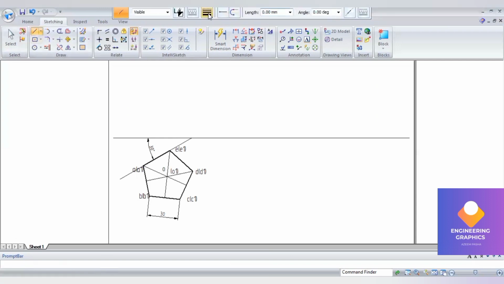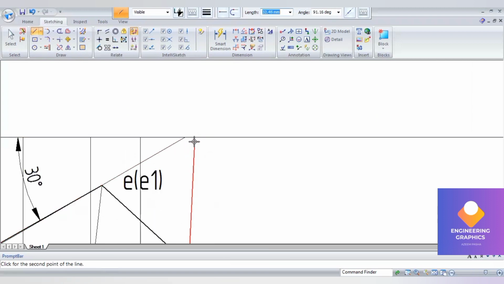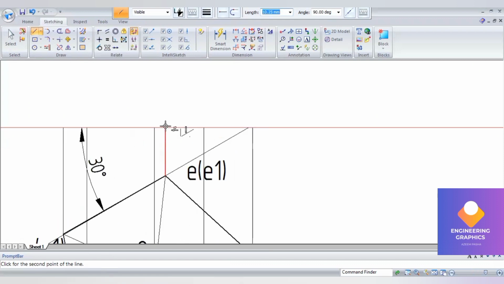Okay, now draw the projection lines upward to complete the front view. So you have to project it from all the ends. From EE1 vertical edge also we have to draw one straight projection line.